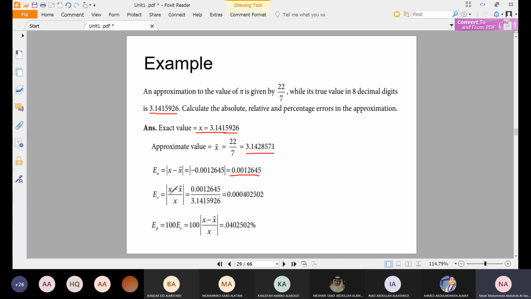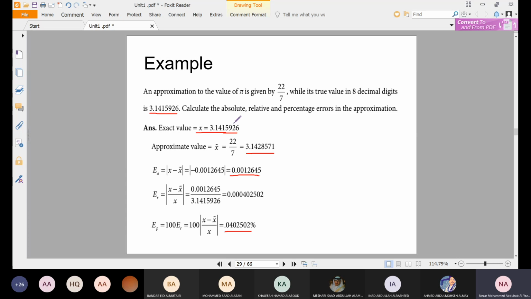So here we'll take the true value, the correct or exact value of the pi, minus the approximation that I do, over the true value, multiplied by 100. So the error here, you can see, is 0.04%. So the error is small, it might be accepted. Okay, the error is small, it's not that huge. 0.04 percent. So this is going to be accepted.